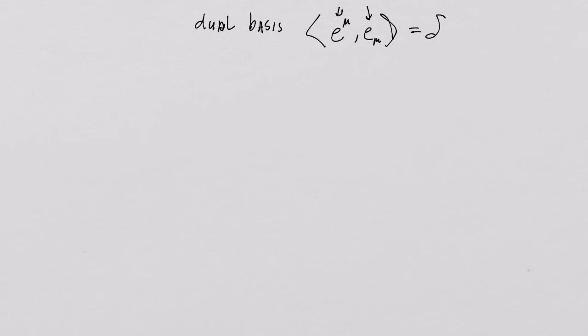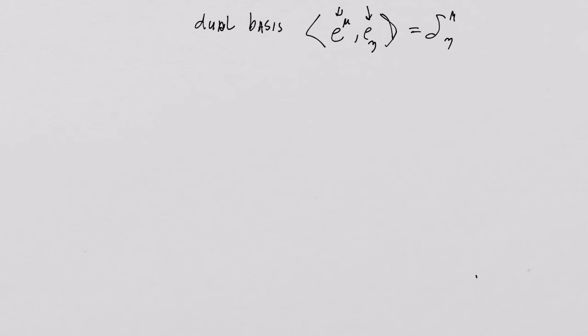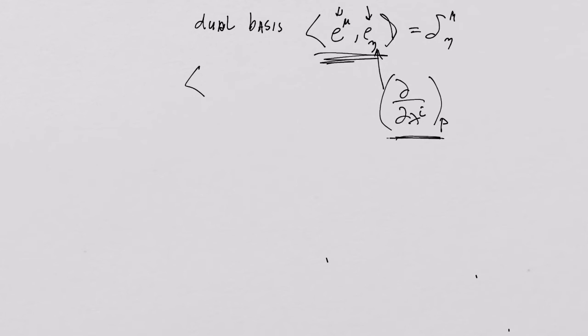One of these should be an eta, so e mu, e eta, like that. With that in mind, we are going to try to accomplish the same thing. I want to find the dual basis such that I can write down a relationship like this, where this guy is d/dx^i at p, the basis vectors of the tangent space.